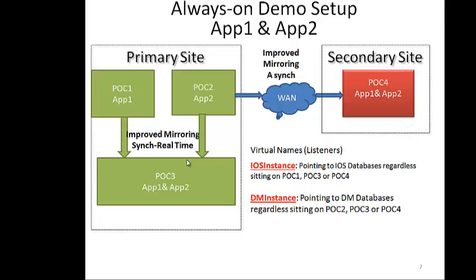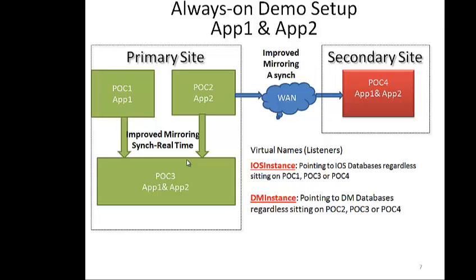Just to clarify, the iOS instance is pointing to POC1, POC3, POC4. The primary residence of the app1 instance is POC1, but if POC1 goes down, it should fail over to POC3, and then if POC3 and POC1 go down, it should move over to POC4.